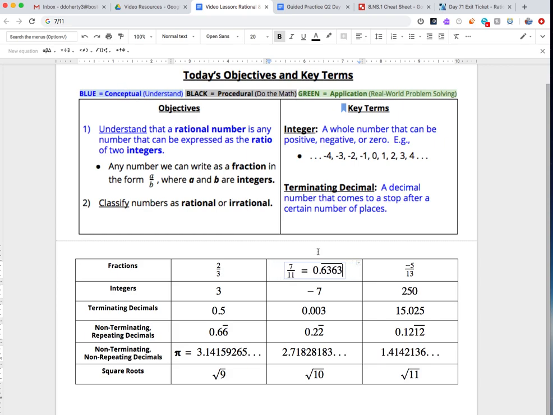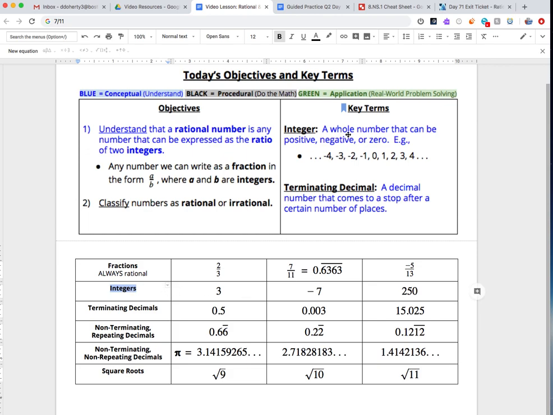That bar over the line there means that the 63 keeps repeating. But we don't even need to do any division. We don't need to worry about that if we're asked are fractions a rational or irrational number, because they're the very definition of rational. Can I write it as a fraction? Of course we can. All of these are already written as fractions, so fractions are always going to be rational.